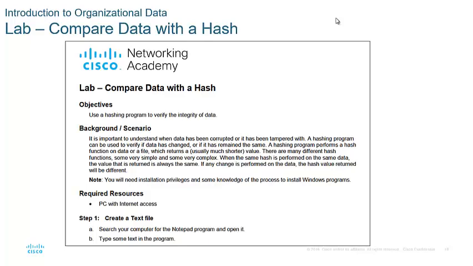A hashing program performs a hash function on data or a file which returns a value. There are many different types of hash functions, some very simple and some very complex. When the same hash is performed on the same data, the value that is returned is always the same. If any change is performed on the data, the hash value returned will be different.